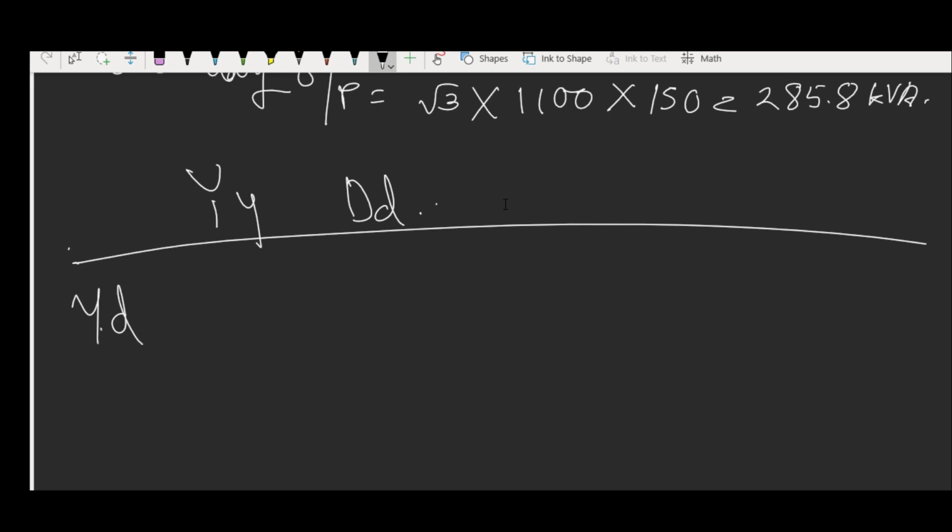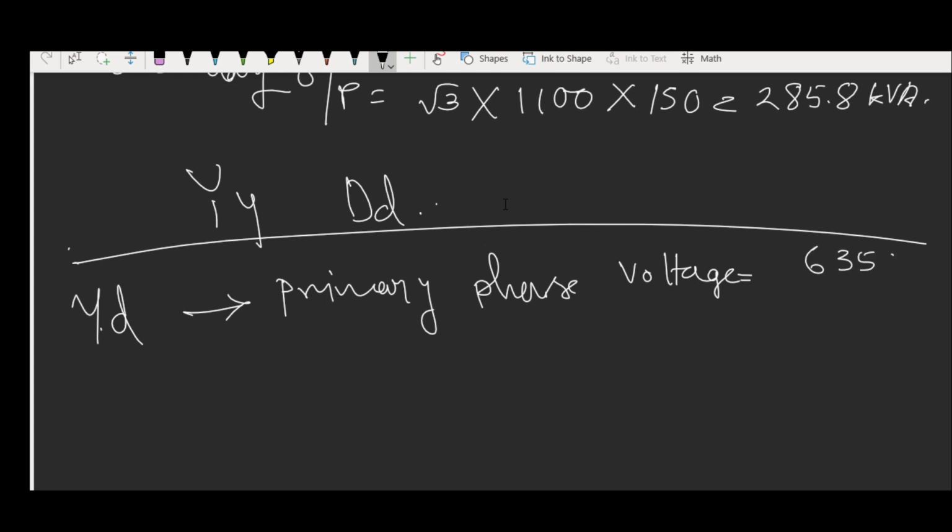So for YD, what is the primary phase voltage? It is just like the star one. In the case of star, it was 6350. What about primary phase current? Same as line current, that is 15 ampere, right?